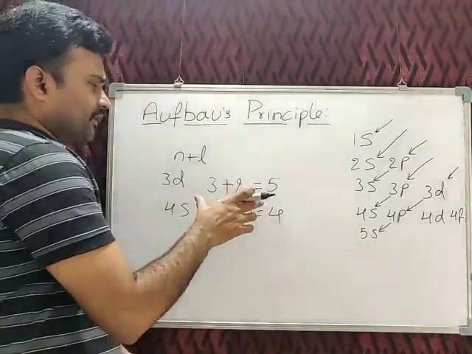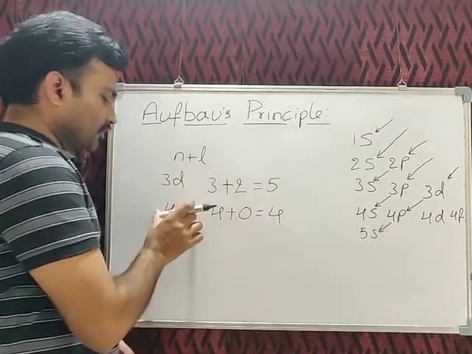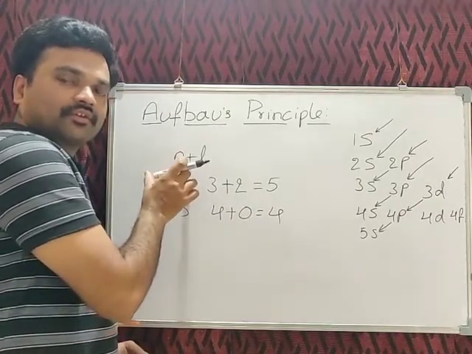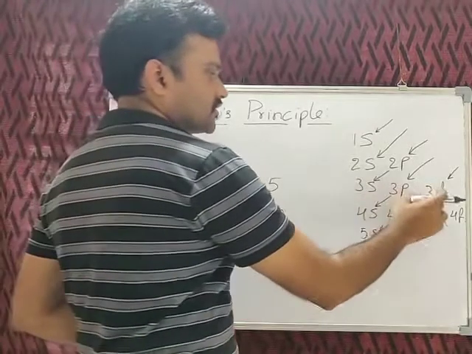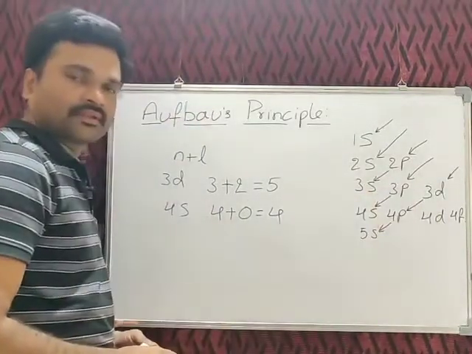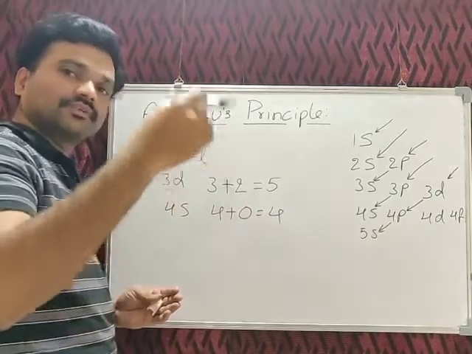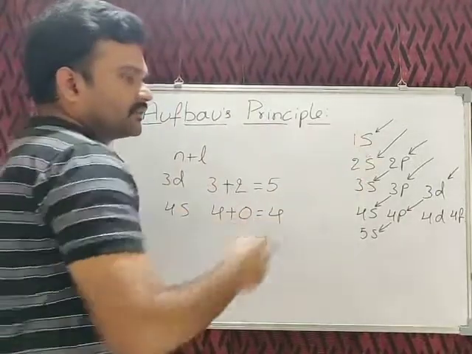So by comparing the n plus l values of these two, we came to know that 4s has a lower n plus l value, and so lower energy, than 3d. That is why, even though 3s, 3p, 3d are in the same shell, there is a slight energy difference between 3d and 4s, which is in the outer shell. 4s has comparatively lower energy than 3d.